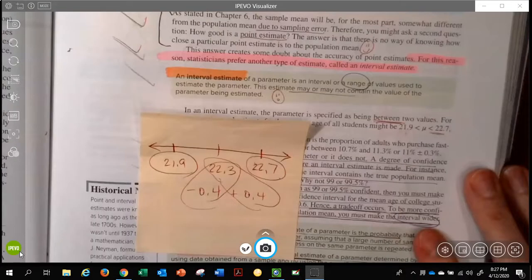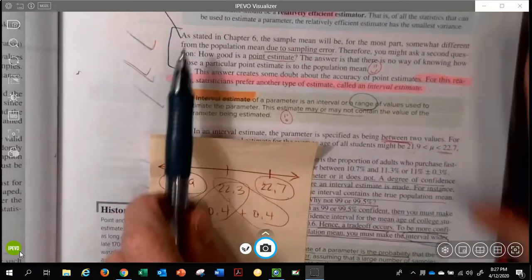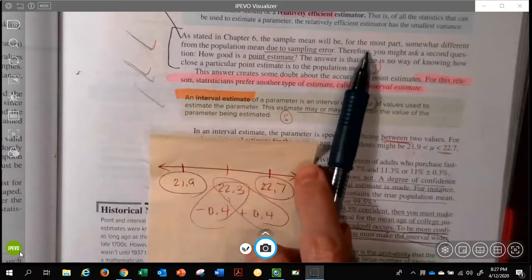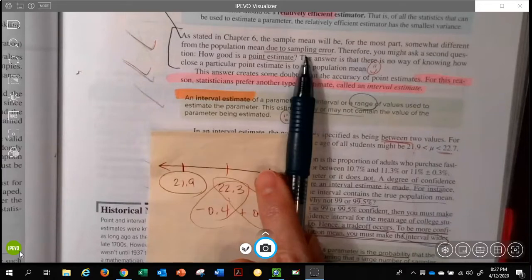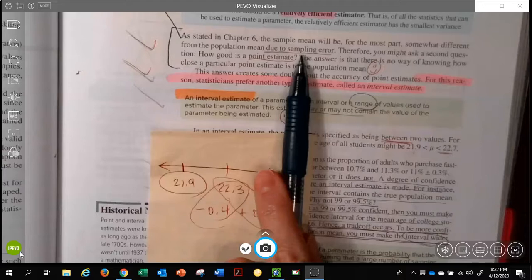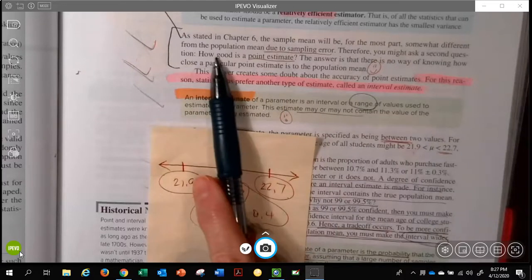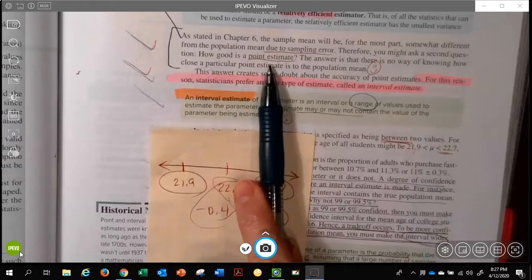Okay, as stated in Chapter 6, the sample mean will be, for the most part, somewhat different from the population mean because it was a sample, and there's going to be error just because it was a sample. Therefore, you might ask a second question, well then how good is this point estimate?